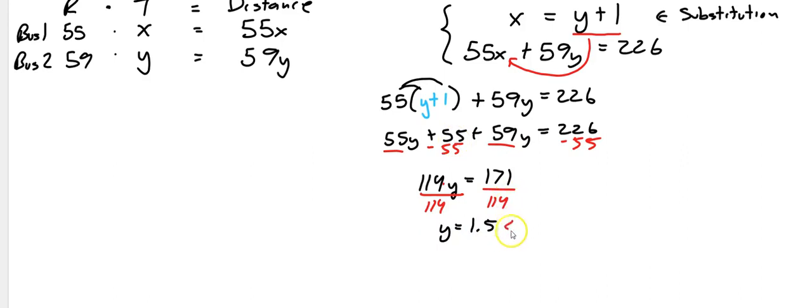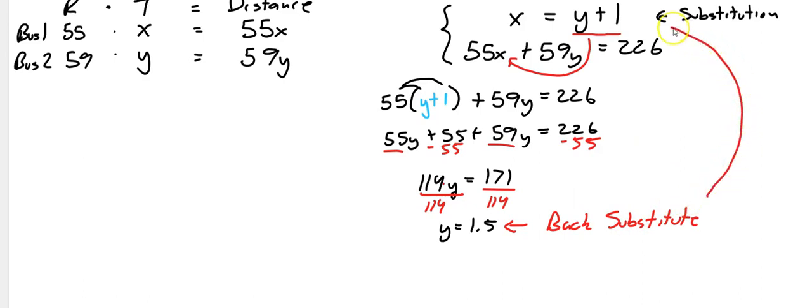Now take this and back substitute. Back substitute into what? Back into our original equation. Well, we now have a y, so let's figure out what x is. x equals, instead of the y, we'll put in this 1.5 plus 1, and we're going to get x equals 2.5.